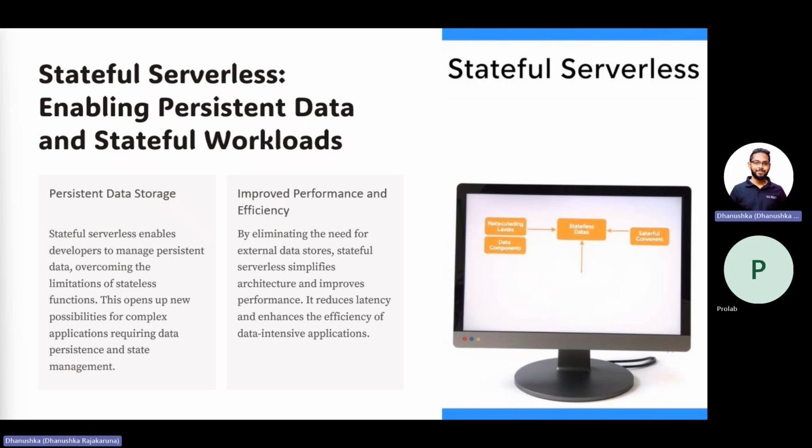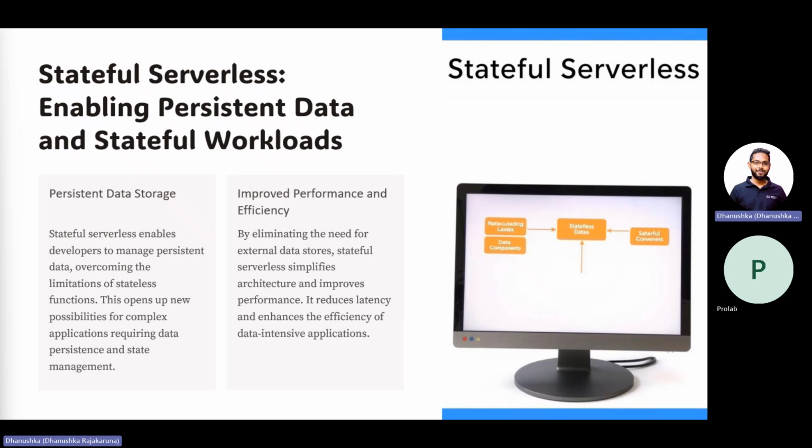This addresses key limitations of traditional serverless models, which are inherently stateless. So the challenges will be the ephemeral nature and workarounds for state management.